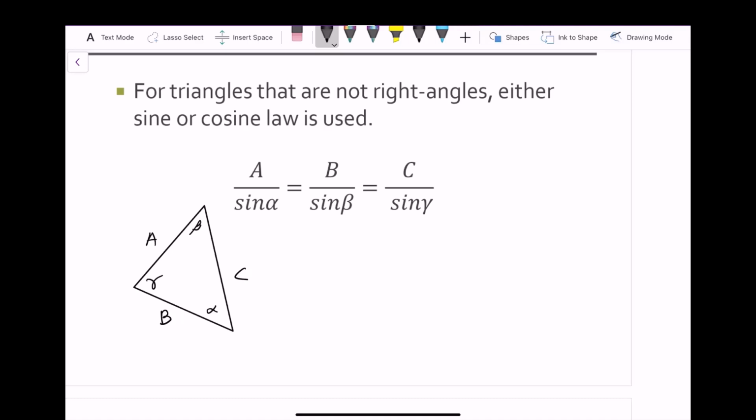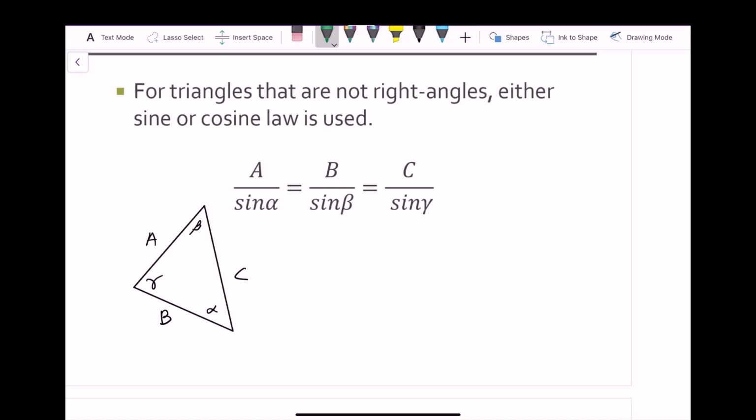So with this one, you see there are 3 terms, and you don't have to solve both of these equations simultaneously. In fact, what you can do is you can break this up so that you're just solving 2 terms at a time. So I could take, for example, the first 2 terms, or I could take the last 2 terms, or I could take the first and the last term to solve.